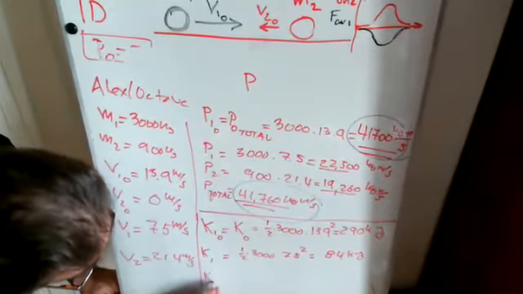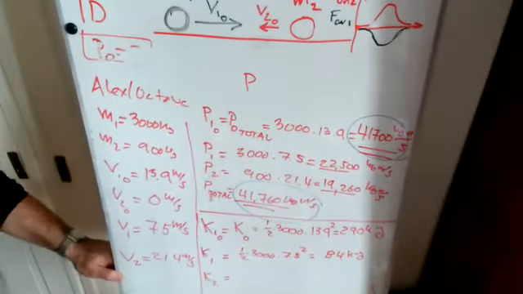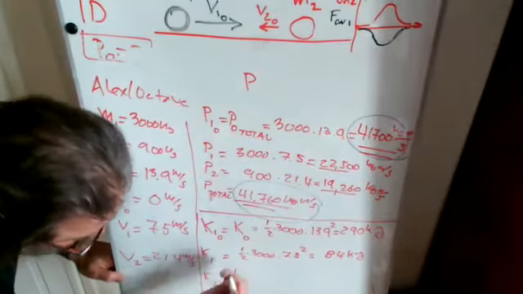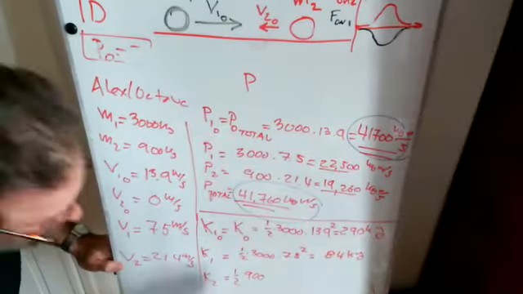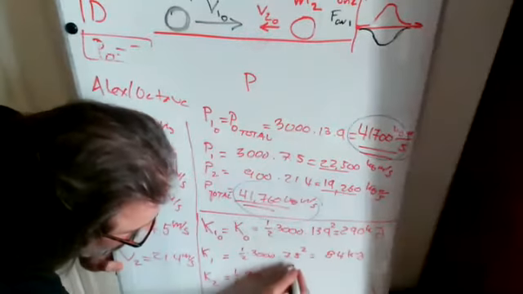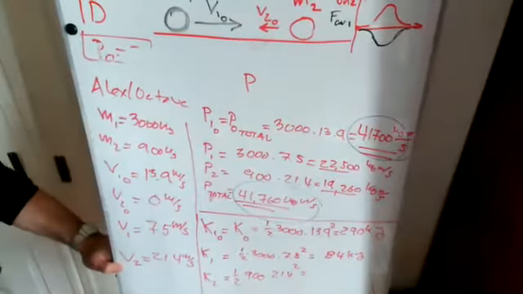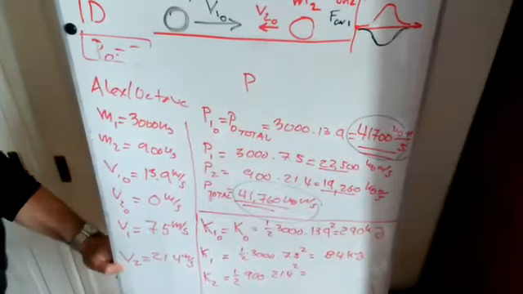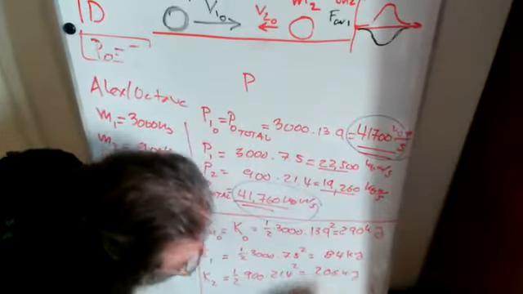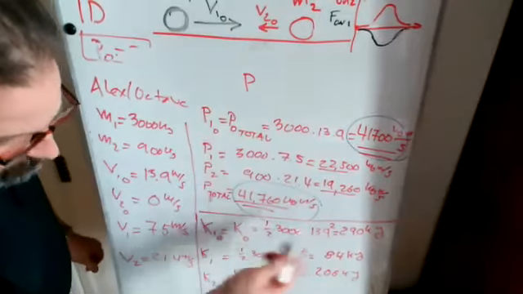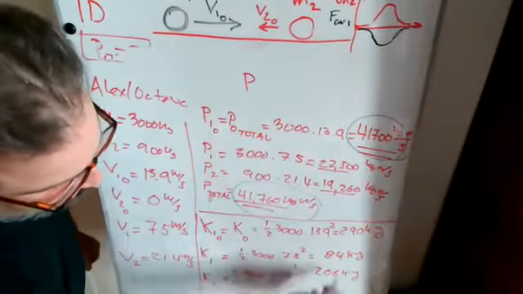And then let's take a look at the kinetic energy of object 2. And of course, 1/2 mass, 900 times v2 squared, which is 21.4 squared. We punch that in our calculator. And that actually ends up having 206 kilojoules. That's interesting. It's way more kinetic energy in this case.